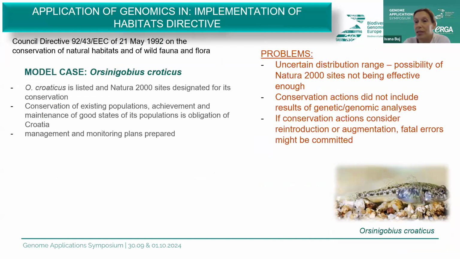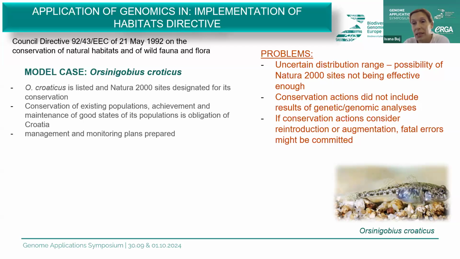Again, if we have not recognized the populations well, then it is possible that we are managing some Natura 2000 sites that are occupied by other gobies, not this species, and that some localities are not covered, which is problematic. And again, for this species, conservation actions did not consider any genetic or genomic results, so no genetic structure, diversity, or such parameters that are actually important for the viability of species have been included.